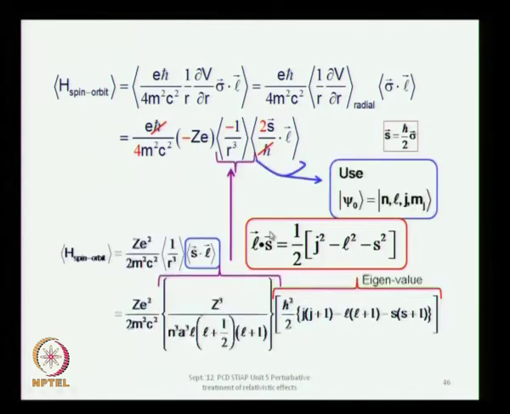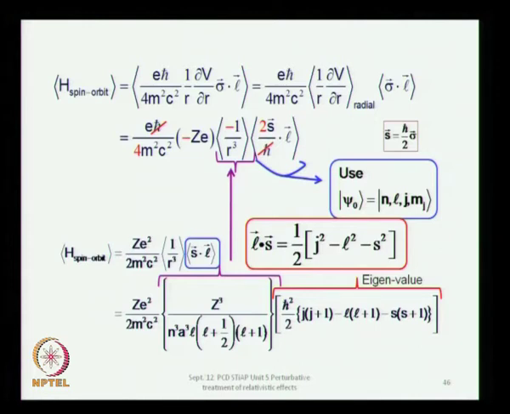So, from the eigenvalues of this half j square minus L square minus s square, you get half, then this half is here, then from j square you have got h cross square j into j plus 1, from L square you have got h cross square minus, this is the minus sign, L into L plus 1, and then from s square you get s into s plus 1, but s is just the intrinsic property of the electron, so s is equal to half. So, you get half into 3/2, okay, half into half plus 1.